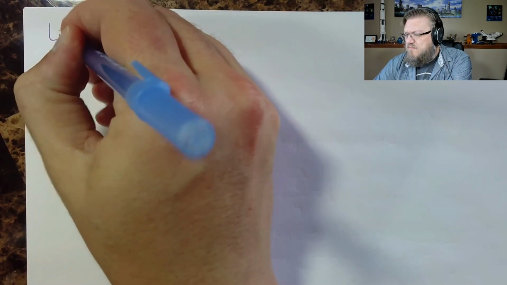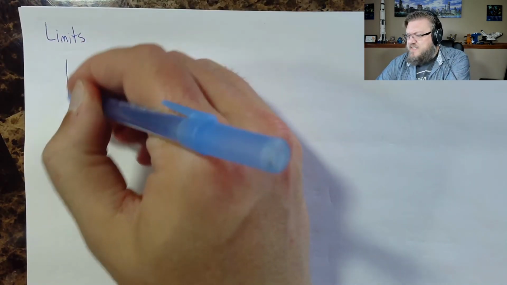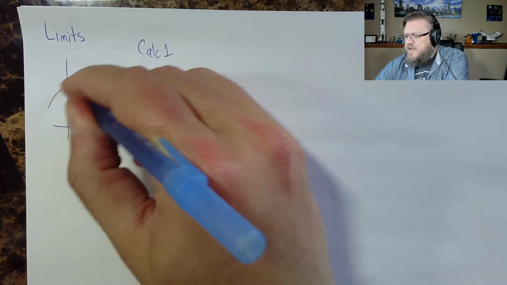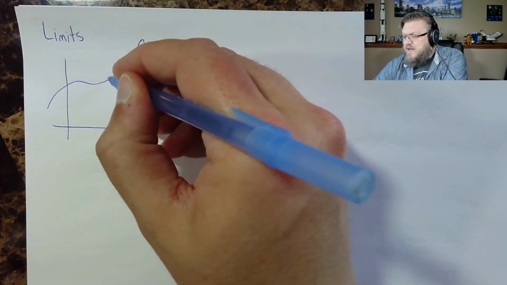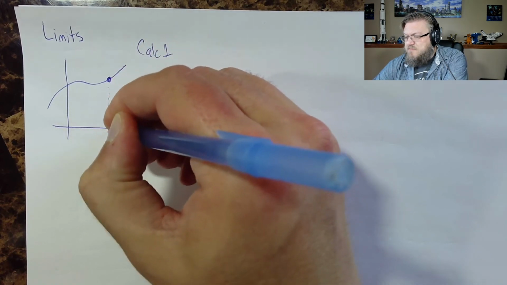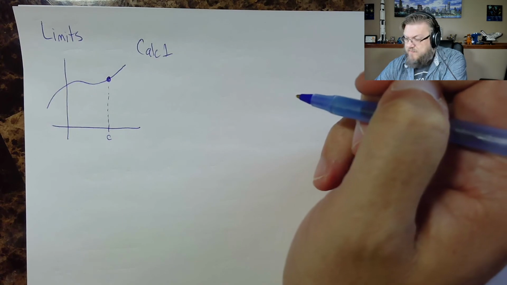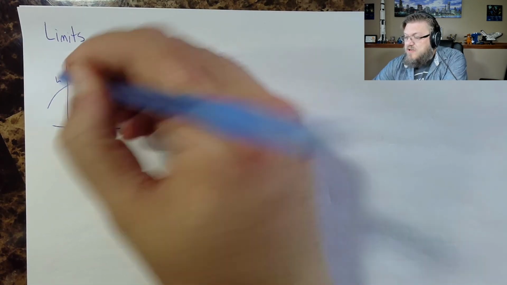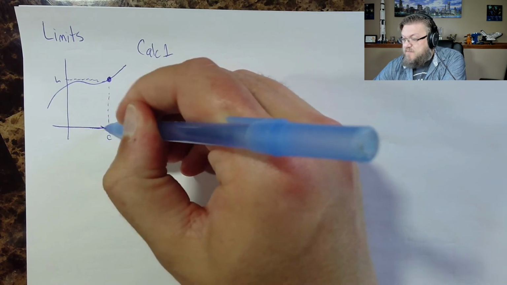Because remember in Calc 1 when we were talking about limits, right? We were saying, okay, here's the function. The function may or may not be defined at a certain x value here, called c maybe, right? And you were asking, well, what does this approach when I approach from the left and from the right?